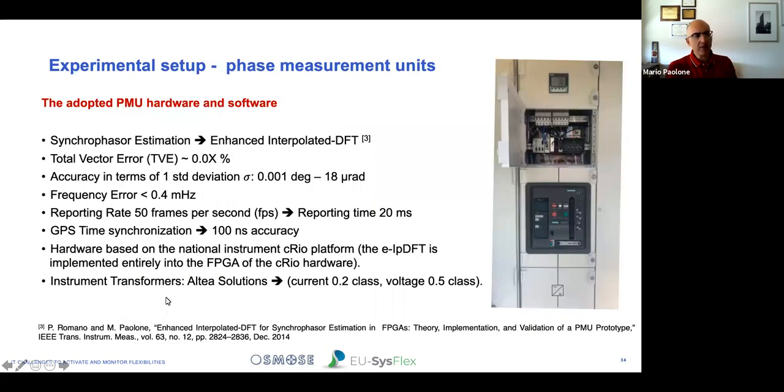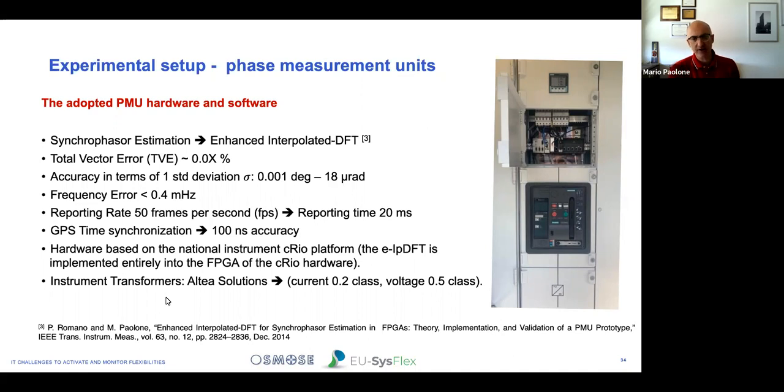In terms of measurement, phasor measurement units are devices that have been historically developed by my laboratory. They embed what we call enhanced interpolated DFT to estimate the phasors of voltages and currents. These PMUs are characterized by total vector errors in the range of 0.0x%, which means they are extremely accurate. Just to give an idea, they have a standard deviation for the phase estimates in the range of tens of microradians.